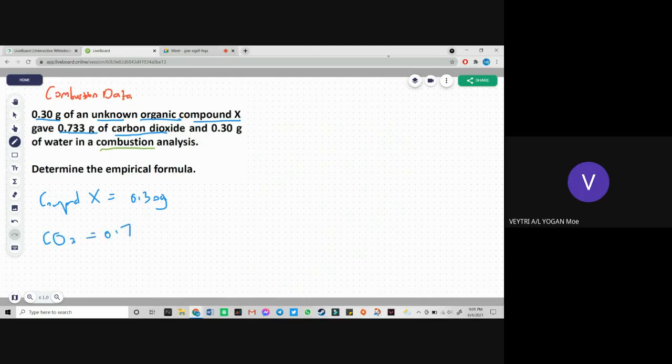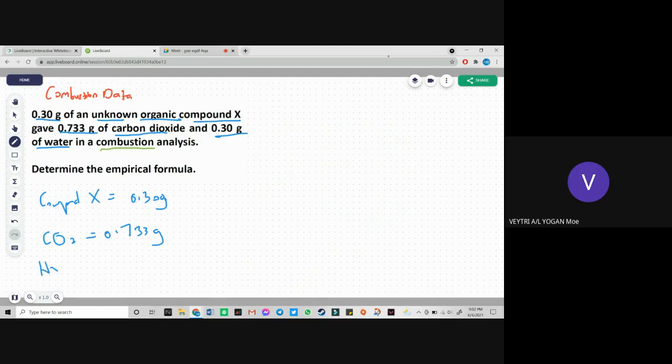Please don't ever write carbon dioxide equals to 0.733 grams because you guys will confuse yourself. Tulis CO2. We want to handle or meddle with elements. Now, we are not talking about carbon dioxide as a gas. We are talking about carbon dioxide, specifically element CO2. Okay, that's number two. Number three, and 0.30 gram of water.